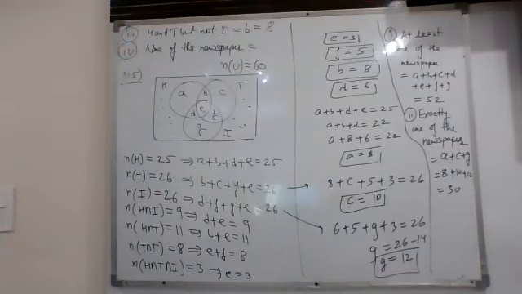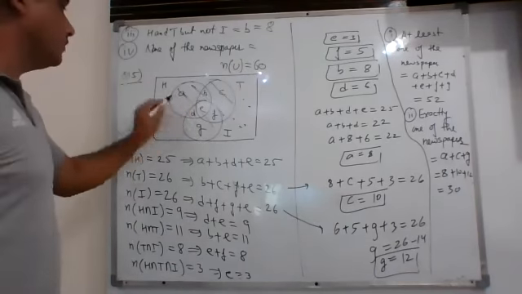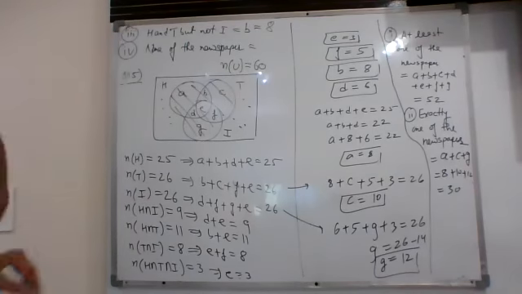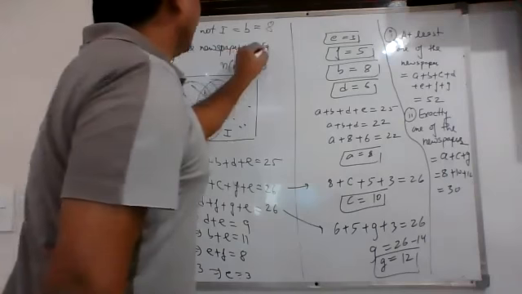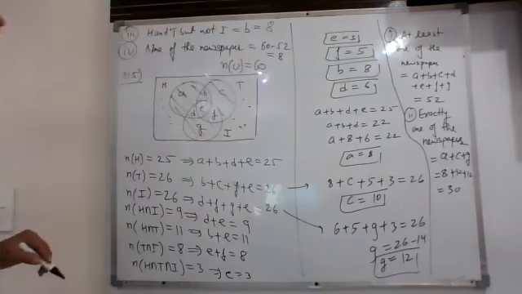It was given that the total number of persons is 60. Now this portion we have already found out. This portion is 52, which we did in the first part. So 60 minus 52 will give you the answer for none of the newspaper. That means there are 8 persons who are reading none of the newspaper.